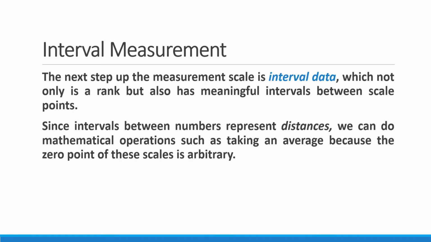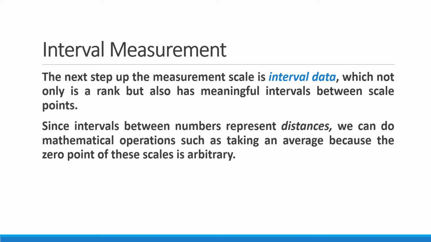The third level of measurement is interval data. In interval data, you can order your data. However, 0 in the interval measurement is arbitrary.